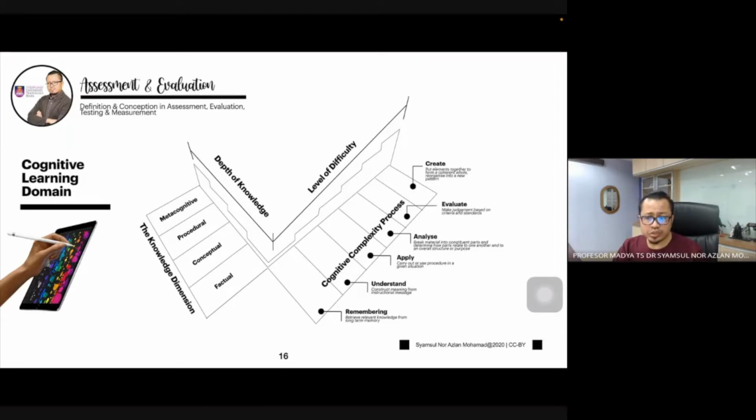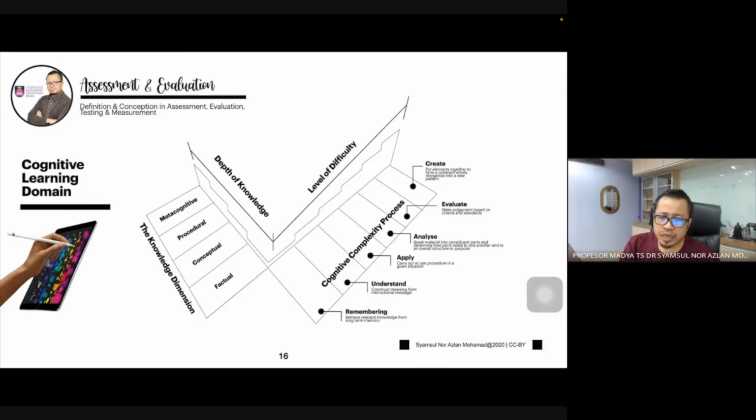You can choose either one, or you can apply all four. It is just a matter of what is best and what are the contexts of learning that you want to share with the students. And yes, I give you one example. We do agree that when designing, for example, an exam question paper, we always think about the complexity process that we want to offer to our students, but somehow we have difficulty in forming our questions.